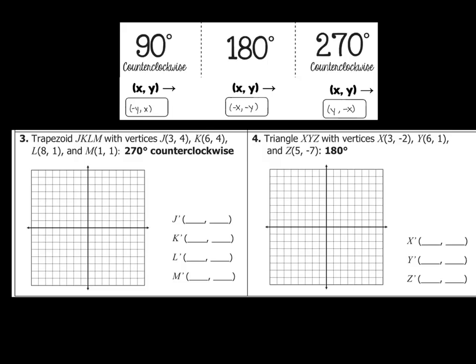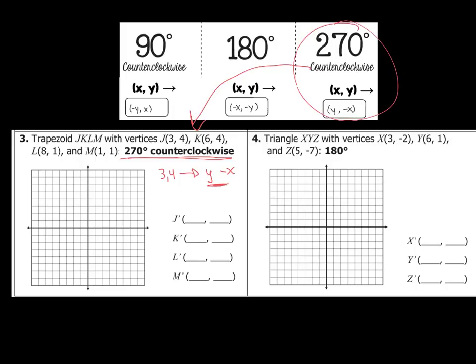Again, I'm not going to plot the points here. I'm just going to talk our way through this. We have a 270-degree counterclockwise rotation on number 3. So I look at my 270-degree rule. That's how I'm going to apply things over here. I'm using my graphic organizer. I'm flipping up the 270 degrees, and I see that X, Y, right? My 3, 4 is going to get mapped to Y, opposite of X. And again, what's happening?